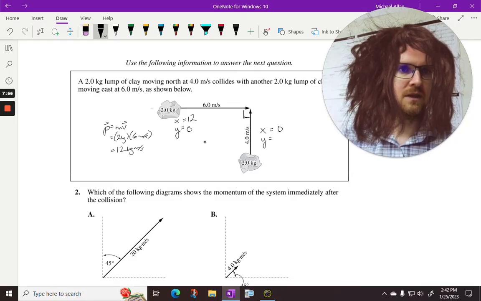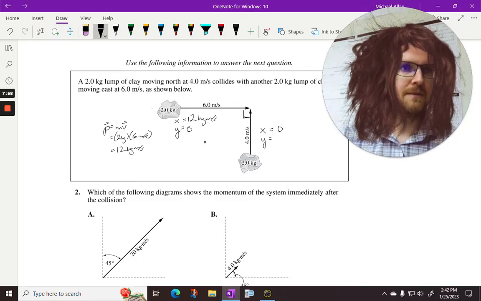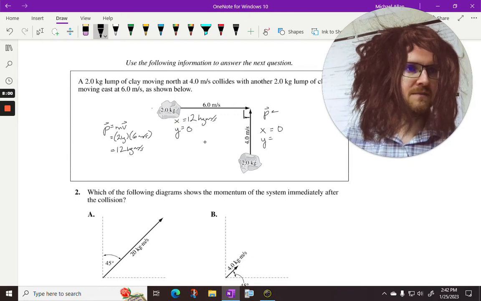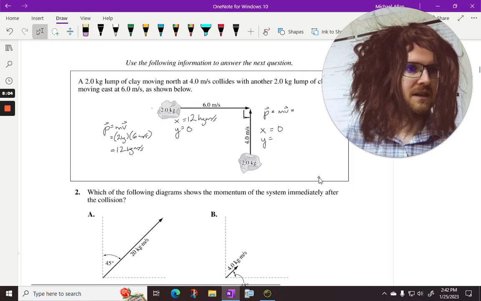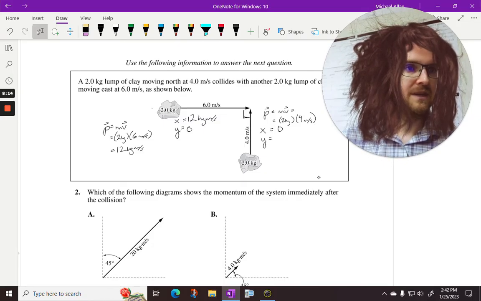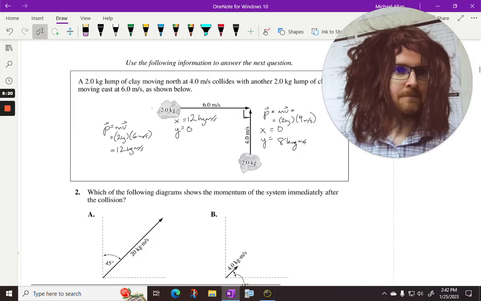Okay, so we got the 12 here, kilogram meters per second. We're going to do the same thing with this block over here, mass times velocity. Let's write down here. 2 kilograms times the 4 meters per second. And we're going to get 8 here. So this is going to be 8 kilogram meters per second in that spot.